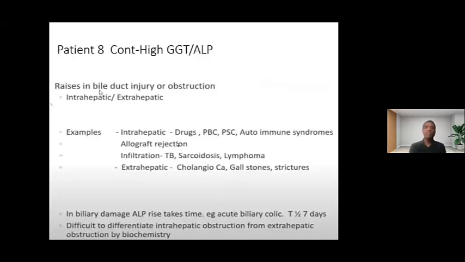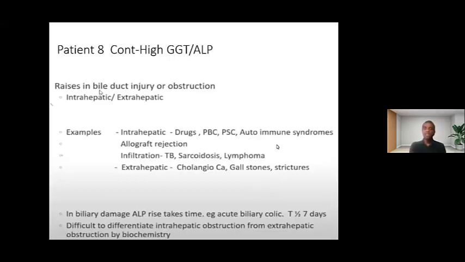The intrahepatic biliary obstruction may be due to drugs like, as I told you, NSAIDs or anti-epileptics, or primary biliary cholangitis, where you see inflammation in the biliary canal with cell damage.